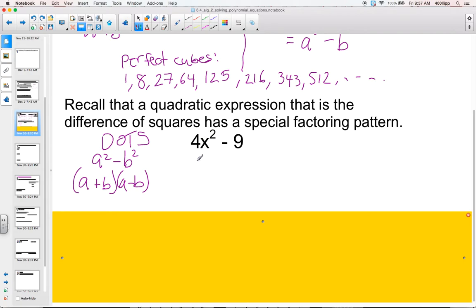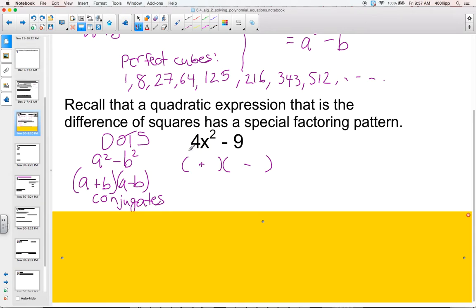Okay, so one is a plus, one is a minus, and we know that we call these conjugates. Conjugates are just when the middle sign is different. That's the only difference between the binomials.